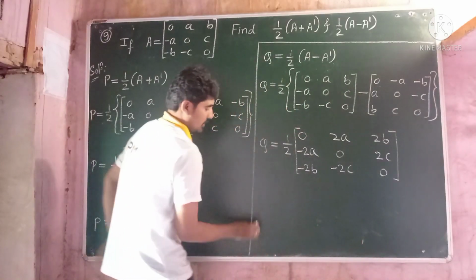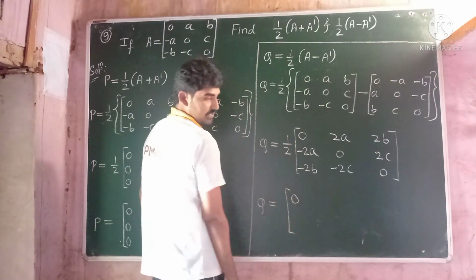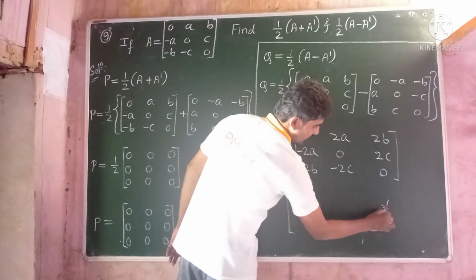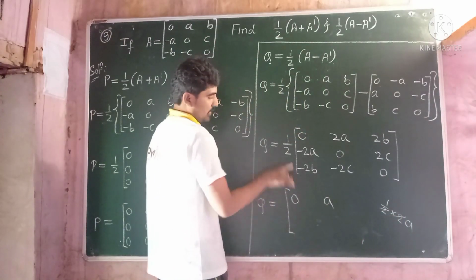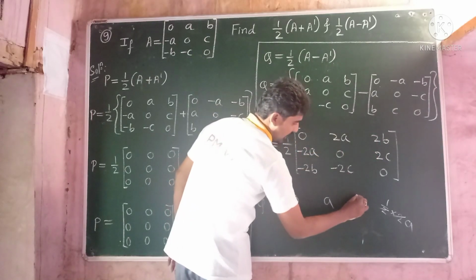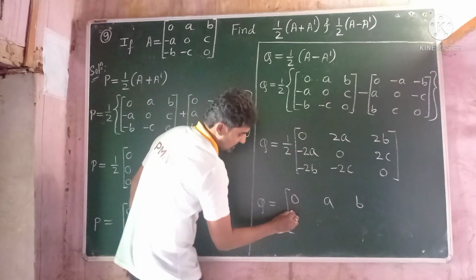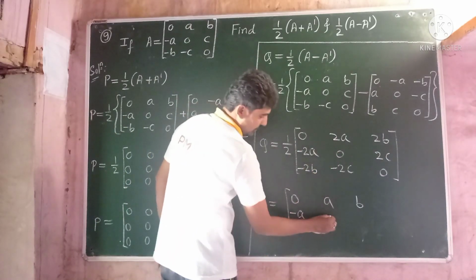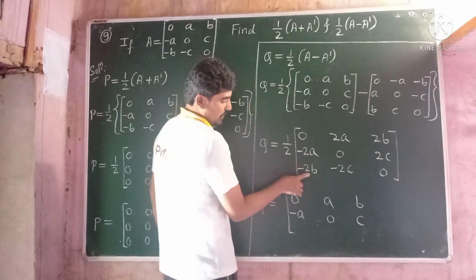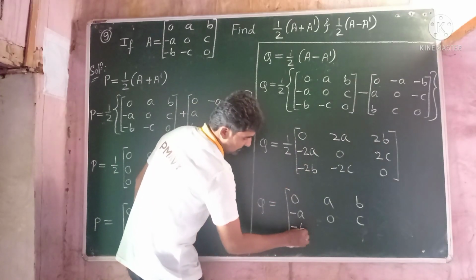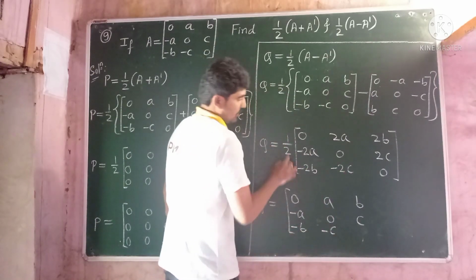Therefore Q matrix is equals to 1 by 2 into 0, 1 by 2 into 2A, 2 and 2 get cancelled, A, 1 by 2 into 2B, 2 get cancelled, B, 1 by 2 into minus 2A, 2 and 2 get cancelled, minus A, 1 by 2 into 0 is 0, 1 by 2 into 2C, 2 get cancelled, C, 1 by 2 into minus 2B, 2 get cancelled, minus B, and 1 by 2 into minus 2C, 2 get cancelled, minus C, 1 by 2 into 0 is 0.